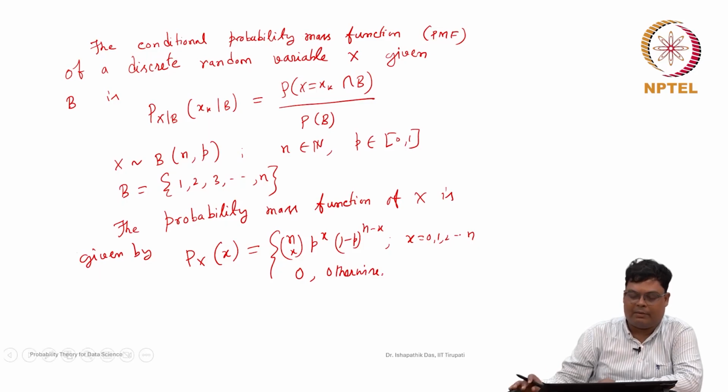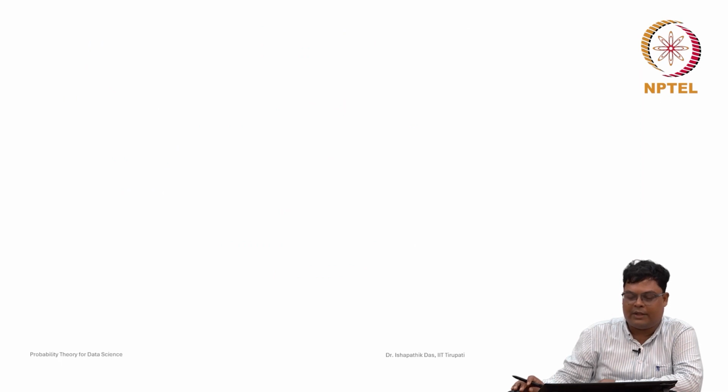So, we know this probability mass function. Now we use this definition to find the conditional probability mass function of X given B.